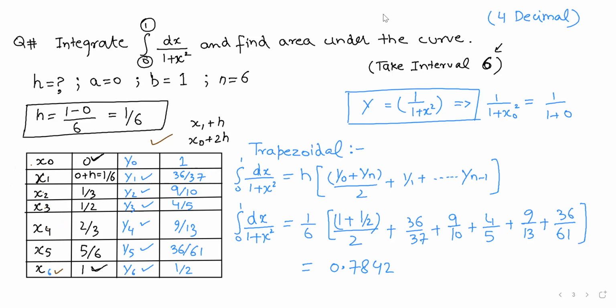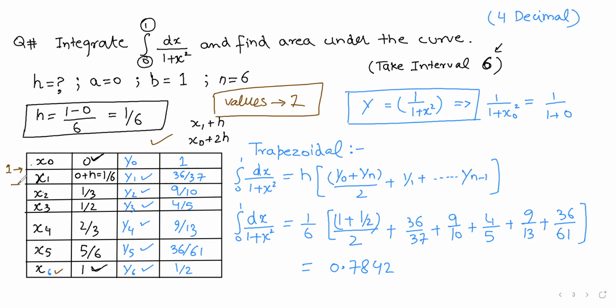The values are 7 in here, but the intervals are 6.